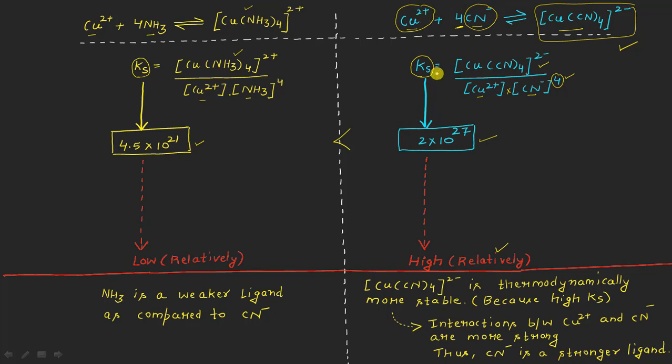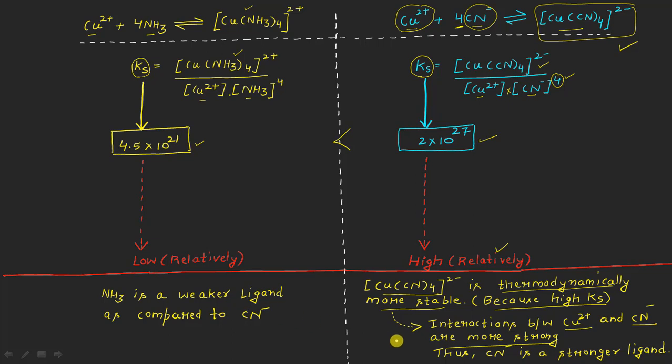So because of the high Ks value, the [Cu(CN)4]2- is thermodynamically more stable, and the interactions between the Cu2+ metal ions and the CN- ligands are stronger. On the other hand, in the other case, the interactions will be a little less.